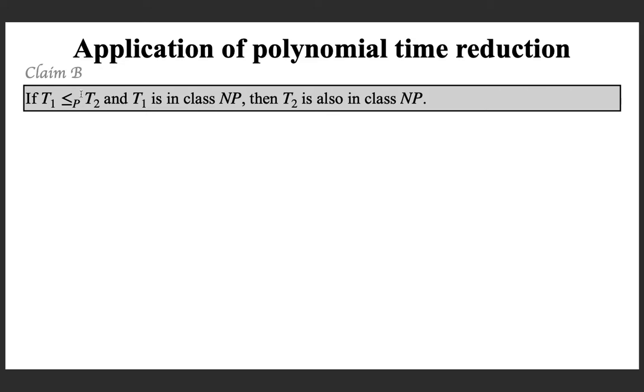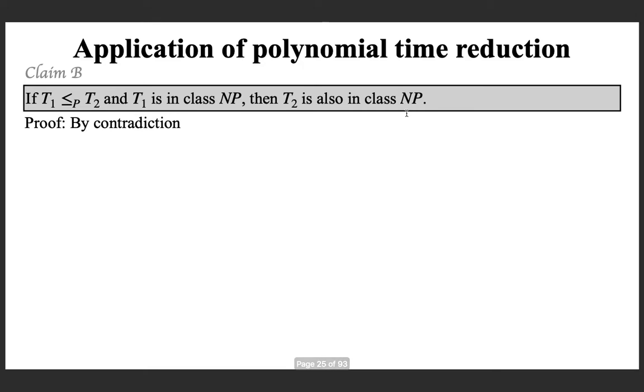Previously we had T2 in class P, then we concluded that T1 is in class P. Now, with T1 polynomial time reducible to T2 and T1 not in class P, you can prove that T2 is also not in class P. That means if you can reduce a class NP problem using a polynomial time reduction function into any other problem, then the other problem must also be NP.